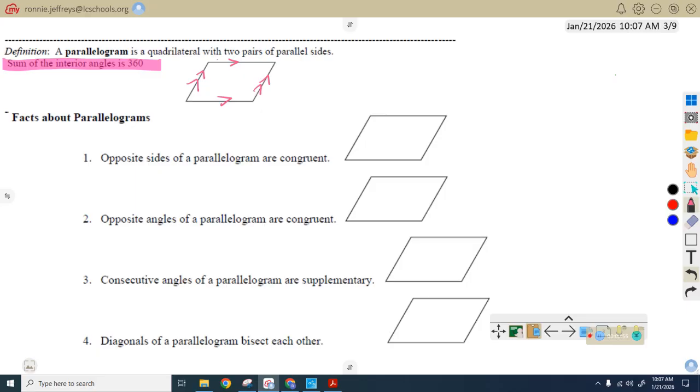That's what those little marks mean: parallel. Also, the sum of the interior angles: if this is 1, 2, 3, and 4, angle 1 plus angle 2 plus angle 3 plus angle 4 is 360 degrees.